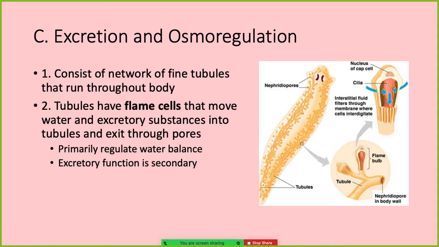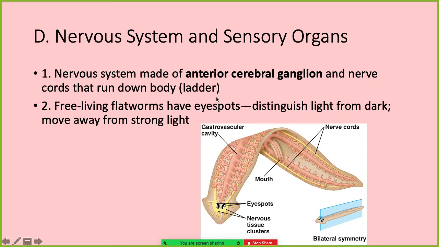Okay, nervous system. It's basically a concentration of nerves, made up of an anterior cerebral ganglion. So you find that up here.